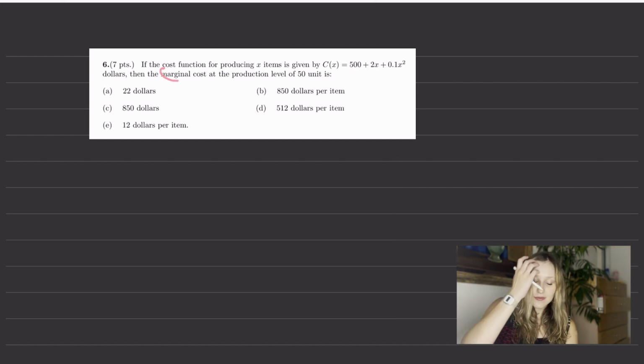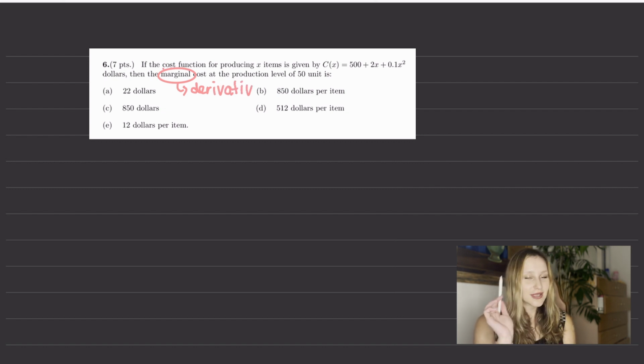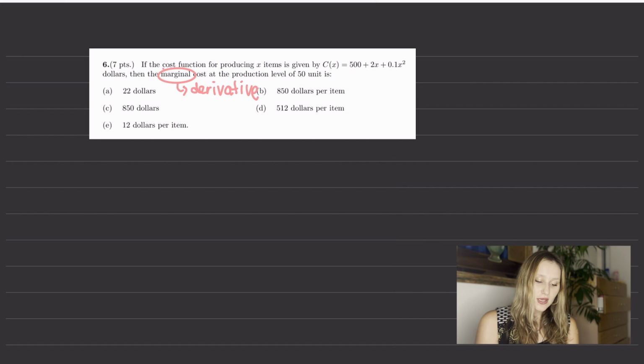Okay, so when you see the word marginal, we see this in economics, we see this in other subjects. When you see that word, that's going to signify a derivative is involved. A derivative or a rate of change is involved. So the marginal cost is going to be the derivative of the cost function.